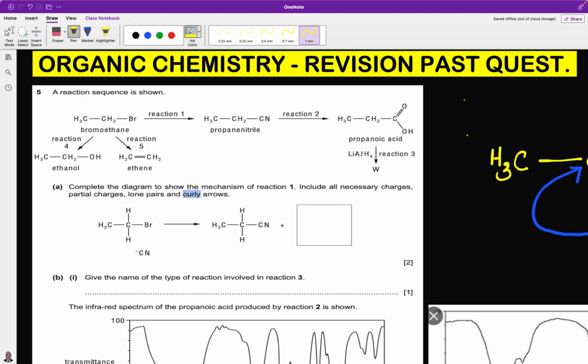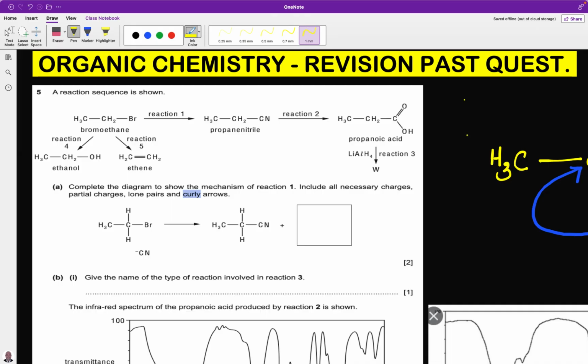Yes, you have seen it. This is the question. The first thing that comes to your mind, this is a halogenoalkane. This bromoethane is a halogenoalkane.